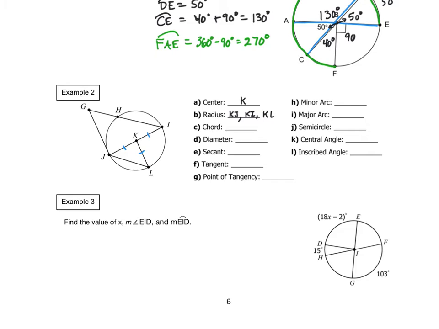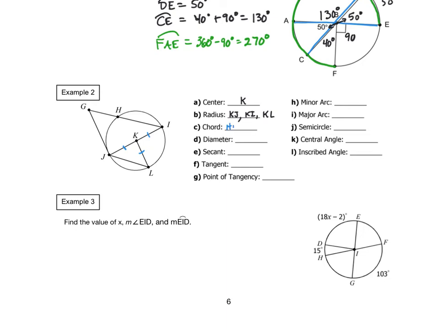Chords, now we know that chords go from one point on the circle to another point on the circle. So I see 3 possible chords. I see JL, I see JKI, and I also see HI. Those are my possible chords.